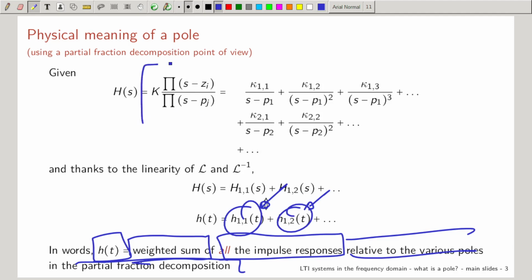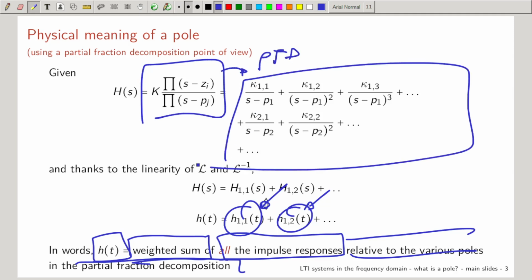We take an H, partial fraction decomposition into simplest fractions. Each anti-transform is a mode.